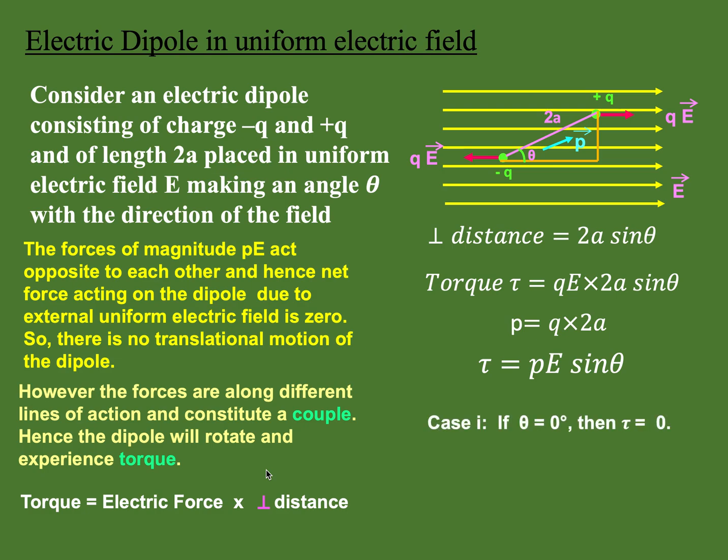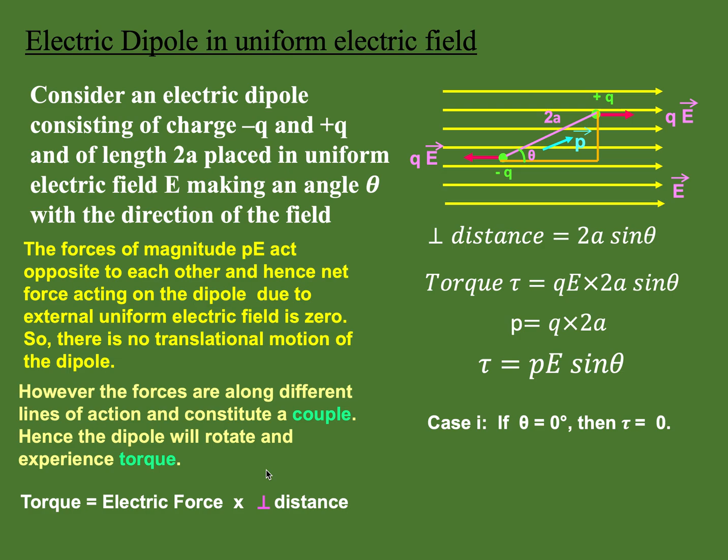Now the cases: when is the torque maximum and when is the torque minimum. Theta is the angle between the direction of the electric dipole moment and the electric field. Case 1: if theta is 0, that means the direction of the electric field and the direction of the dipole moment are in the same direction, parallel to each other.